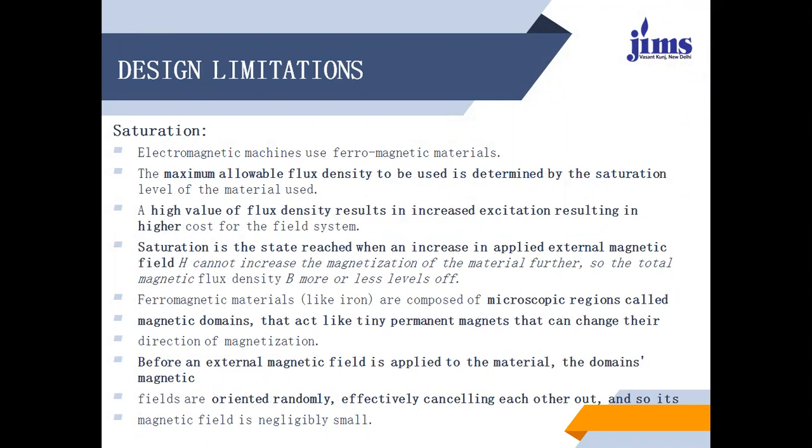In the previous lecture, we discussed how the machine will be designed, what the limitations are, and what parameters we have to focus on. Now we are discussing all the limitations, because whenever we think about designing any machine, we are concerned that the machine will be close to the ideal.